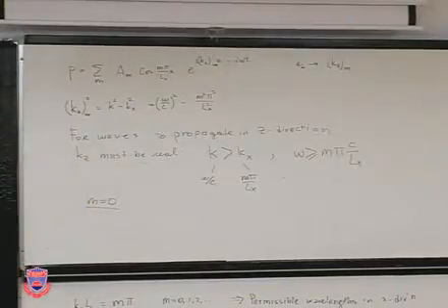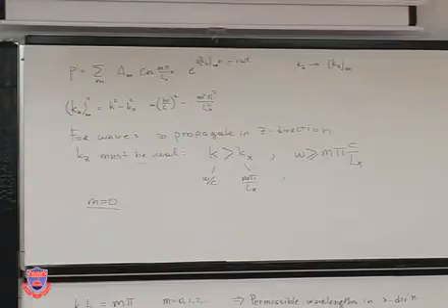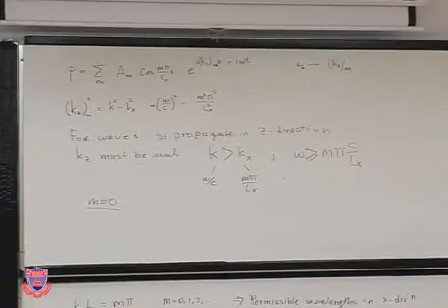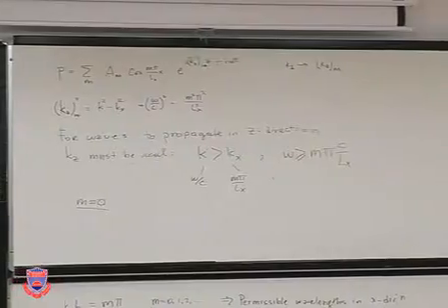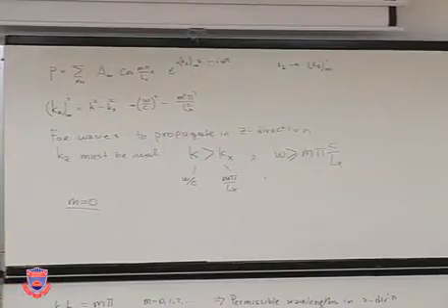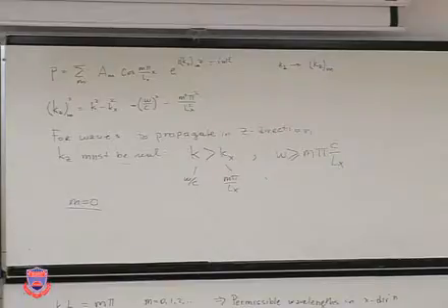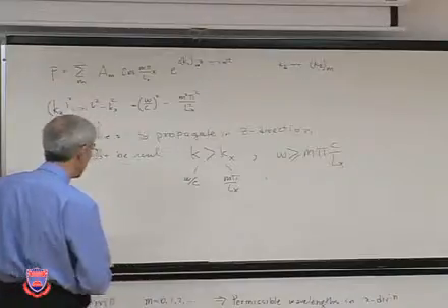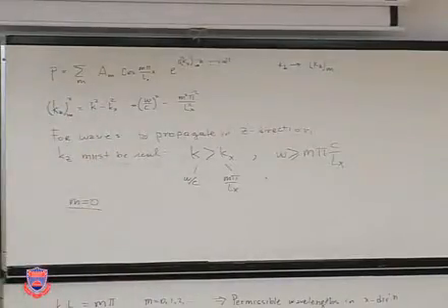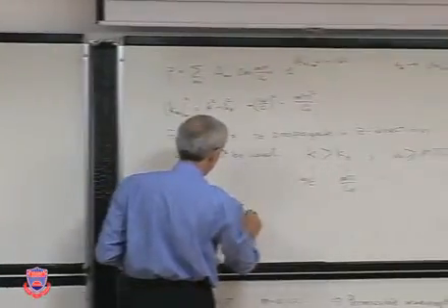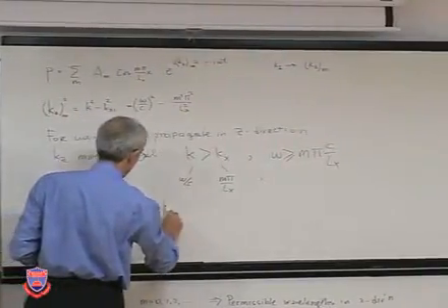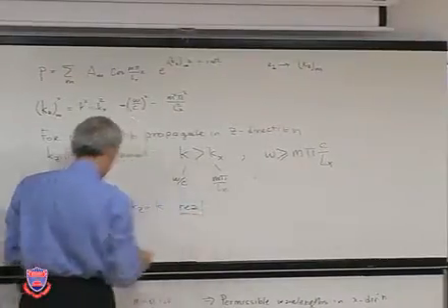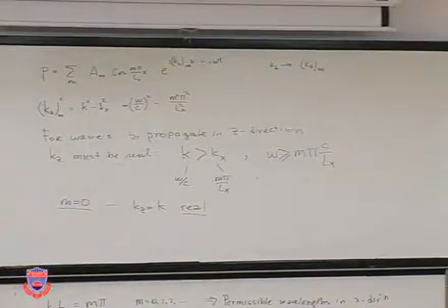So there's nothing in that direction, so everything is along the z-axis. For m equals 0, just to complete this, kz is real. Exactly, and it propagates always in the other direction.